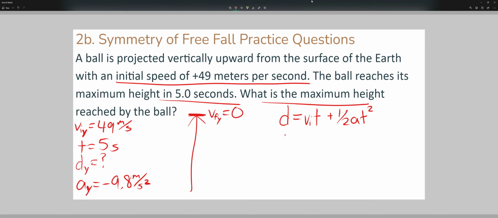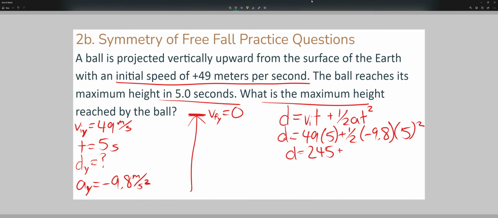So dy is equal to vi, which is 49, times t, which is 5, plus 1/2 times a, which is negative 9.8, times t squared, which is 5 squared. 49 times 5 gives you 245. 1/2 times negative 9.8 gives you negative 4.9. 5 squared gives you 25. 245, and then negative 4.9 times 25 is negative 122.5.